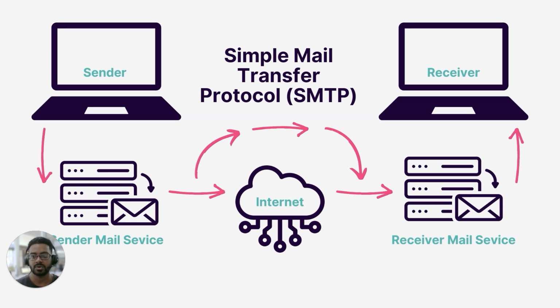Not only does this protocol carry out the task of delivering messages within networks, it can also successfully deliver messages between different networks. This makes it one of the most important ports for the communication of messages over the network due to the security it provides along with other features.